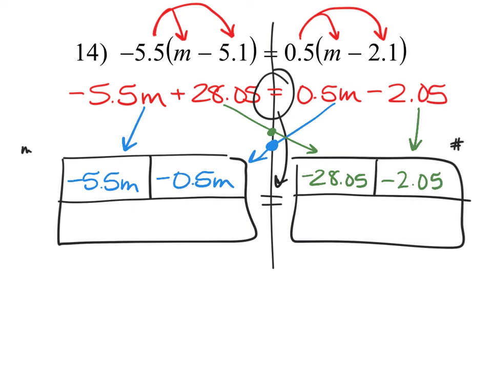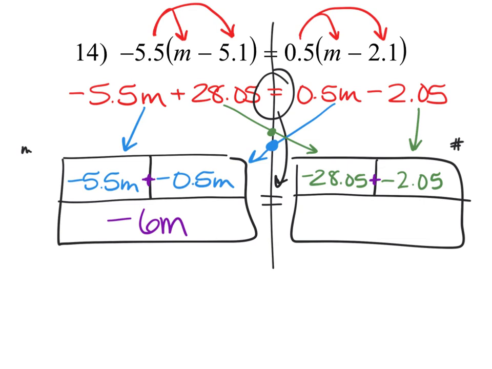I'm going to combine my like terms, which means I'm going to add all of the numbers together that are in top boxes. So negative 5.5 plus negative 0.5 is negative 6m. Negative 28.05 plus negative 2.05. Make sure you click the negative, not the minus button when you're adding these numbers on the calculator.